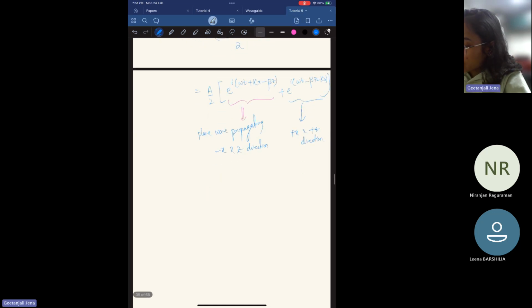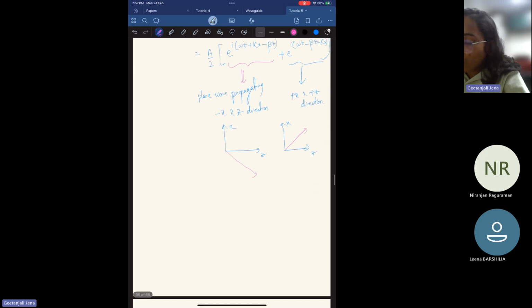So graphically, you can draw like this. If this is z and this is x, then the first plane wave propagates like this, the second one propagates like this. So that means the modes are a superposition of two counter propagating plane waves, which are propagating along plus xz and minus xz direction.